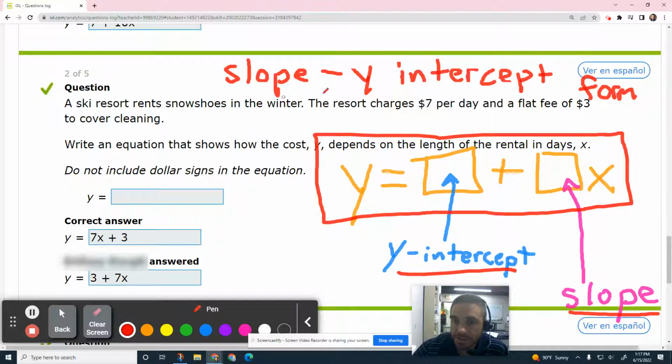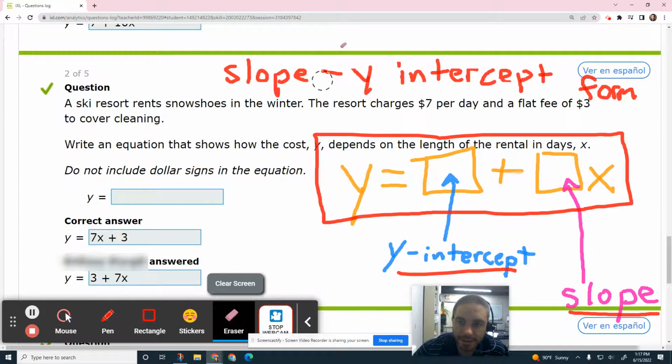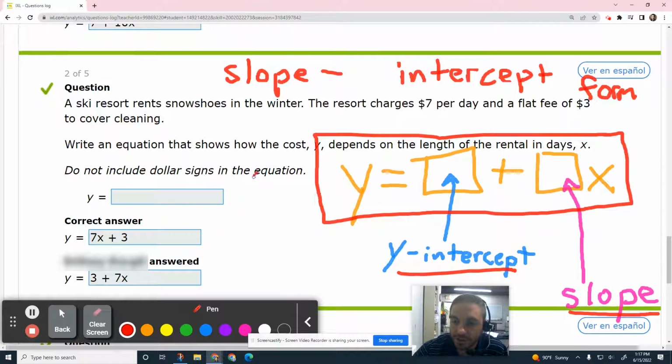I don't know why I put y. They usually just say slope-intercept form of an equation, of a translation. And that's where they get those names, slope and intercept. Boom, boom.